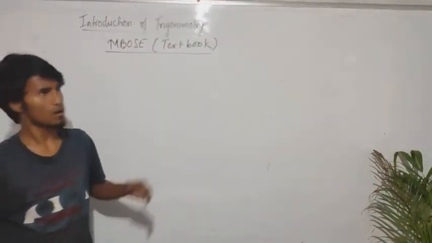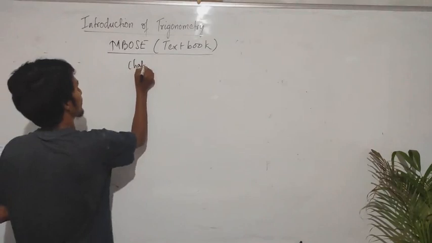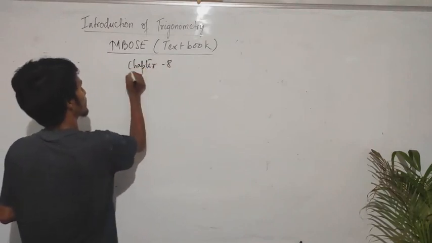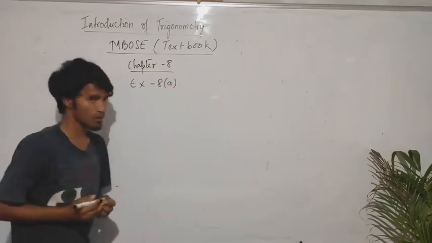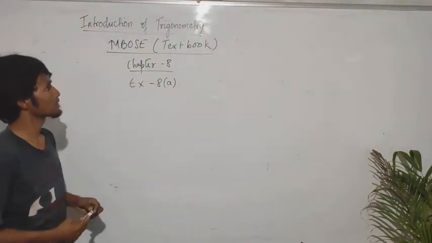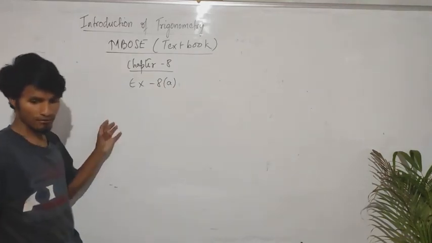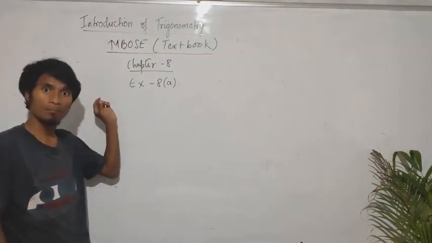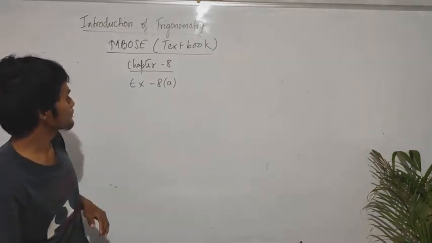Okay, now before we come to this exercise, chapter 8, exercise 8A, let me solve some questions. I'll explain that question properly. Then after that, you try question number 1 from your exercise 8A. Okay.